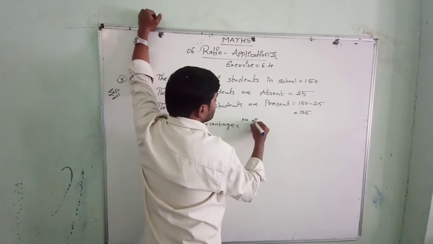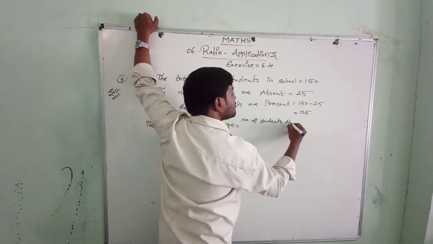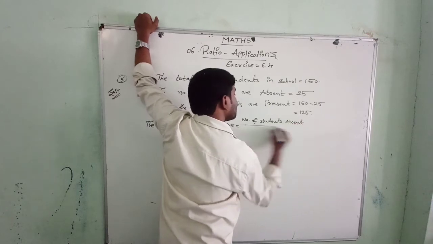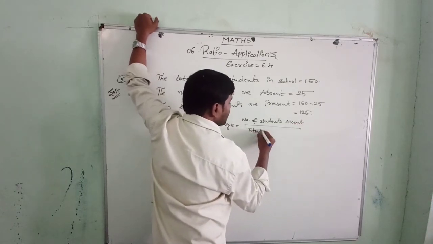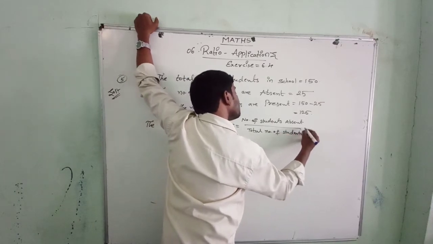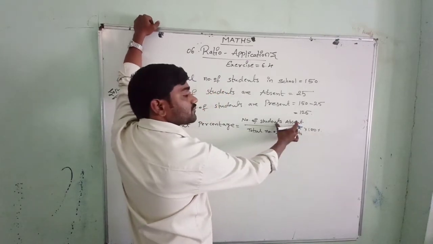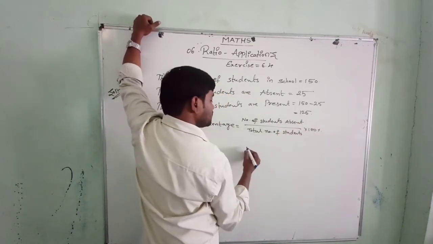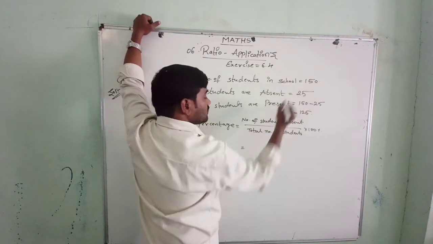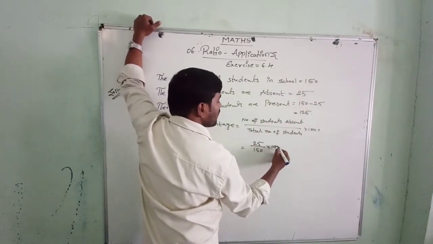Number of students absent by total number of students into 100%. So how many children are absent? Only 25 out of 150 into 100%.